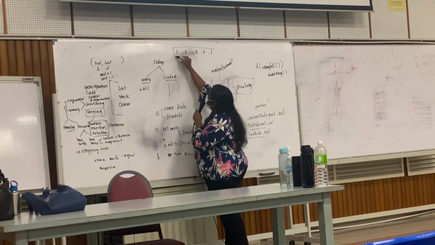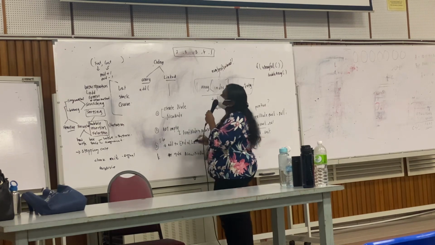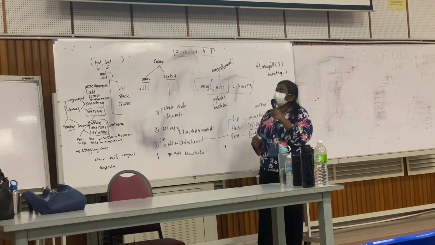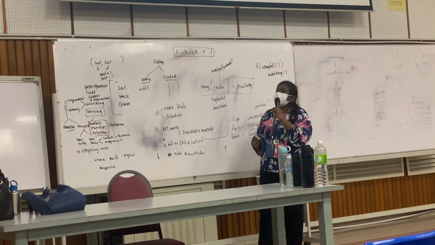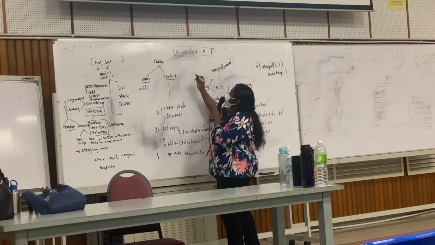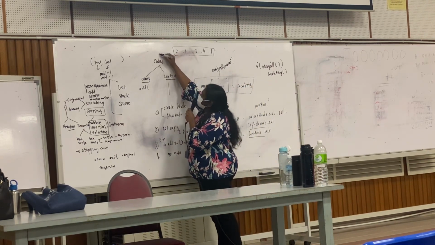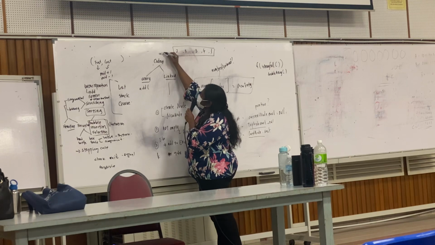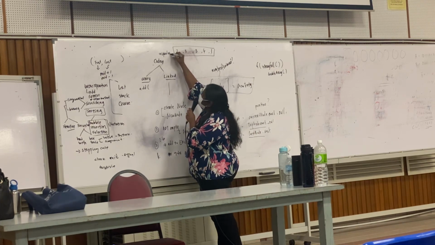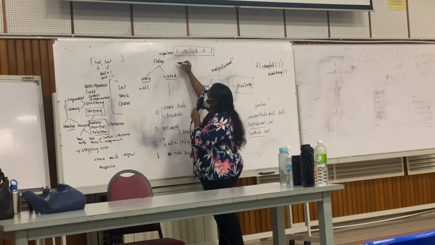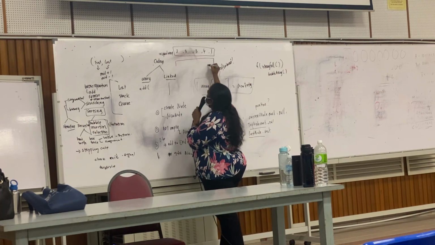Label it nicely. So let's say you have a selection sort. How do I do selection sort? Label it original array, for example.